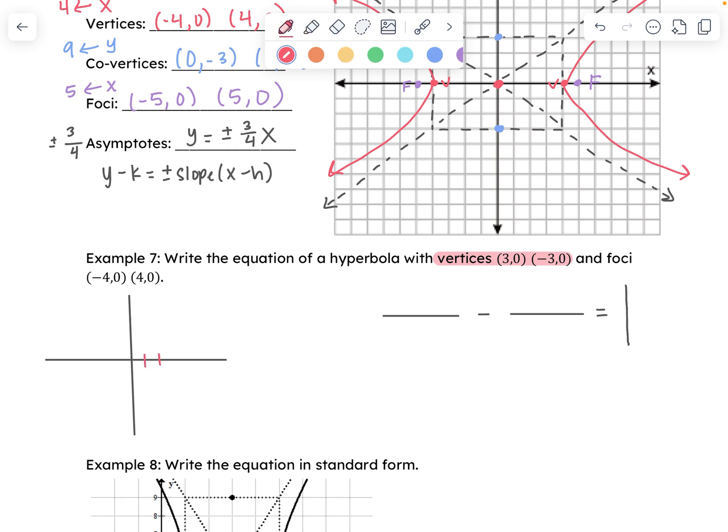If my vertices are on the x-axis, that means we're parallel to the x-axis. So we're opening sideways, so x is going to come first. And based off of where our vertices are, that also tells me that my center is right there at (0, 0). So it's going to be x squared and y squared, no plus or minus anything.